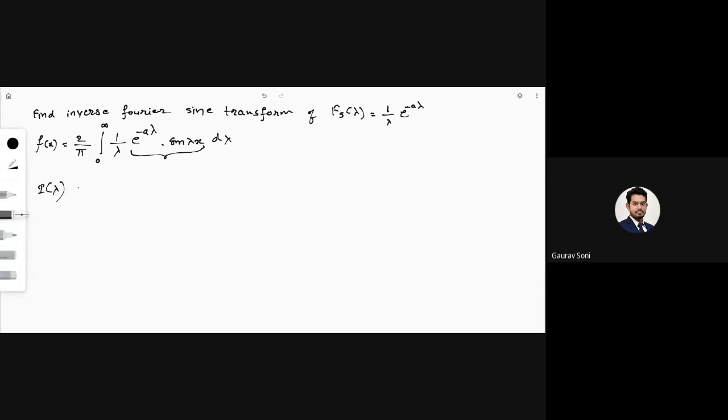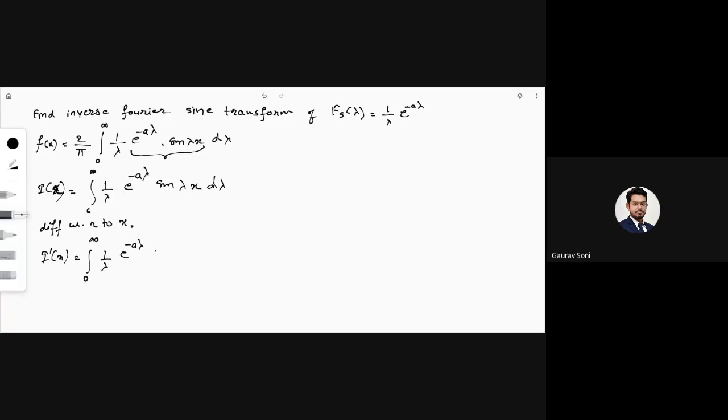I'll call the integral I of x is equal to integral 0 to infinity 1 upon lambda sine lambda x e to the power minus a lambda d lambda. So differentiating with respect to x, I dash of x will be equal to integral 0 to infinity 1 by lambda e to the power minus a lambda.